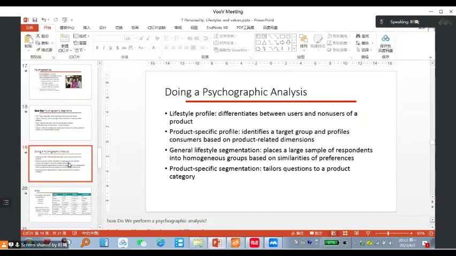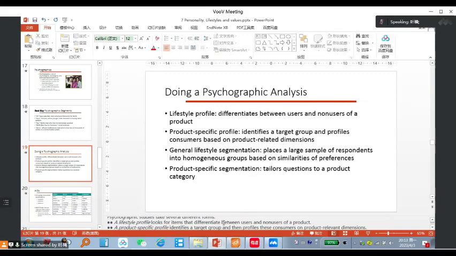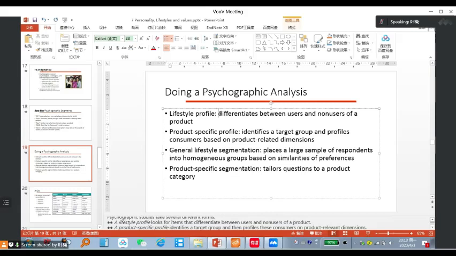And we can do a psychographic analysis based on the lifestyle profile and product-specific profile. From the lifestyle profile, you can differentiate between users and non-users of a product. The product-specific profile can identify a target group and profile consumers based on product-related dimensions.